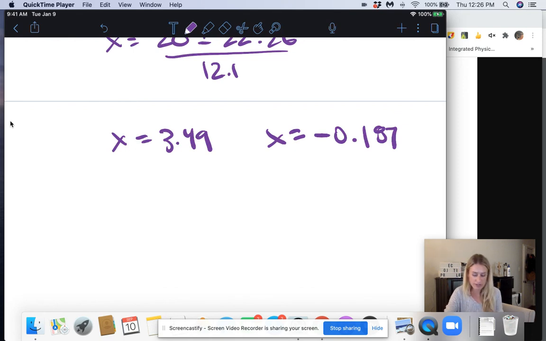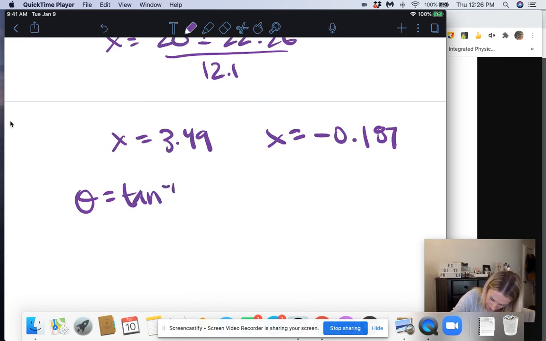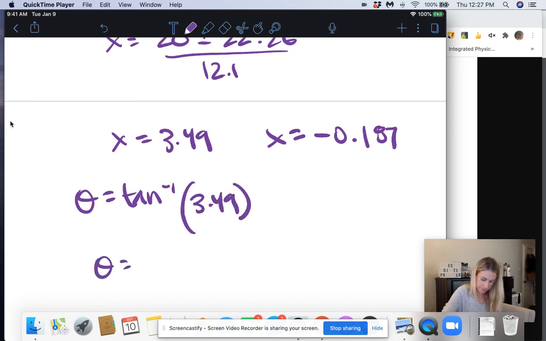So now to get theta, we have to take the inverse tangent. Okay, so tangent to the negative 1 of that x, which was 3.49, we end up getting 74 degrees for that one.